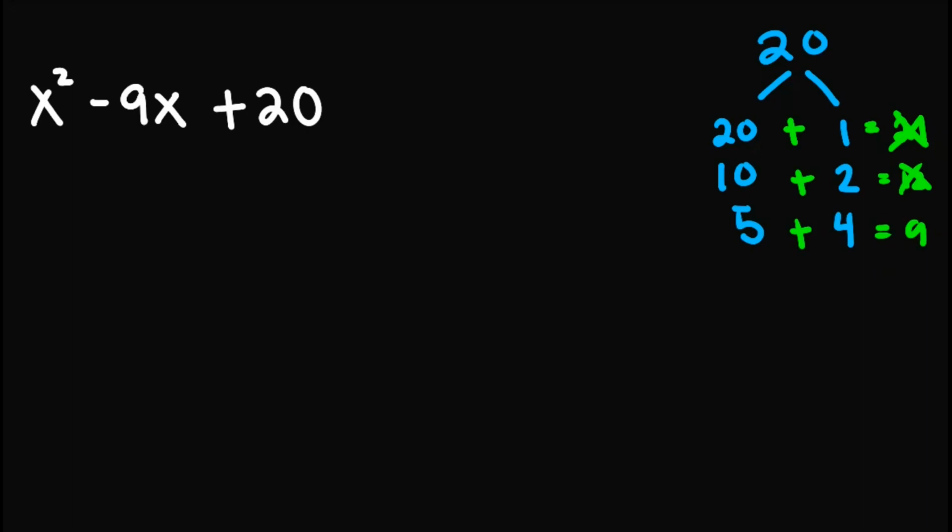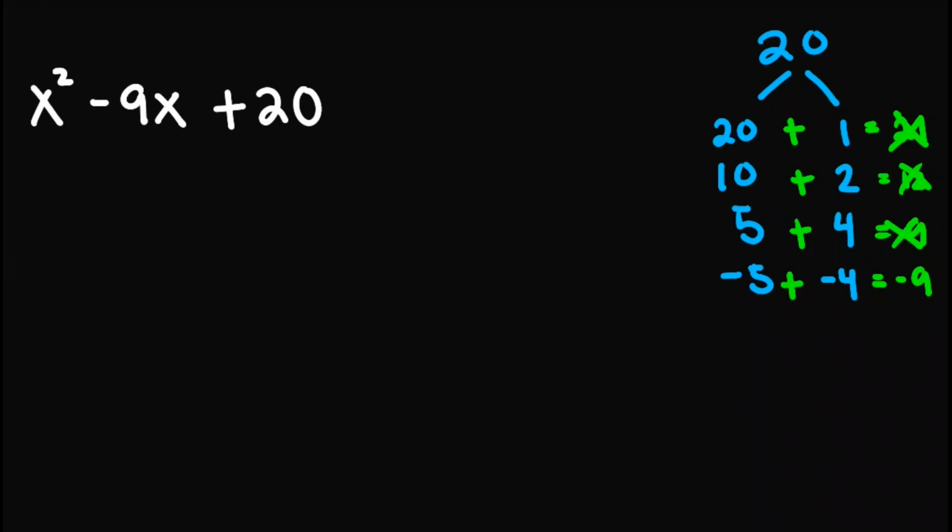Well, note that we can actually also multiply negative 5 and negative 4, and this would result to 20. So when we add negative 5 and negative 4, this would result to negative 9. So this one is the correct one.